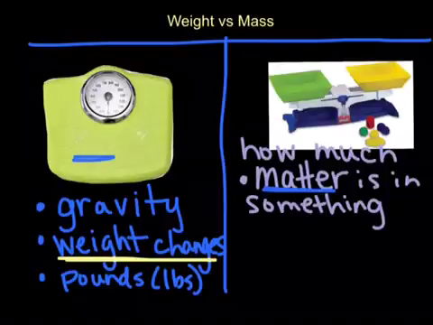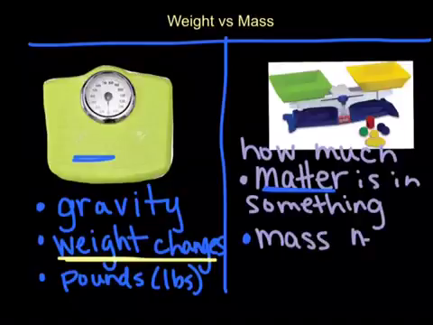The building blocks of matter are atoms, and it's just how much of that, how dense that is packed together. What's important to know is that mass never changes. It's not determined on gravity. It's based on how much matter is inside something. And so it never changes.